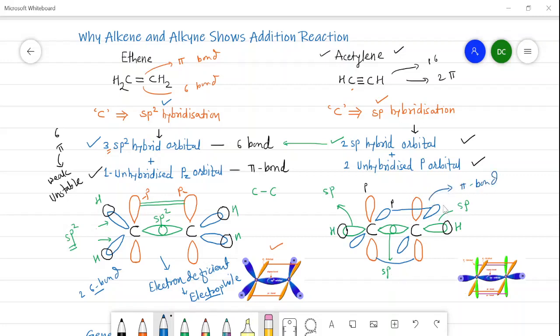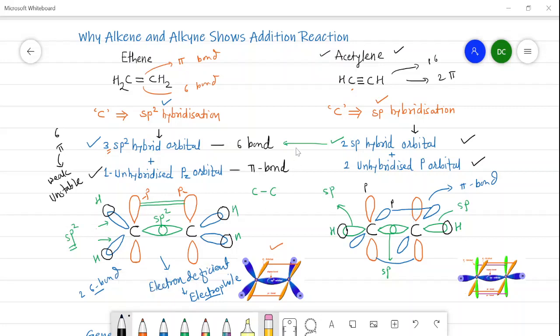In this way, in alkyne also there is a pi bond, and it is the reactive site in the alkyne. It will undergo a reaction with the electron deficient species, that is, electrophile. That's why alkyne also shows electrophilic addition reaction with the electrophile.